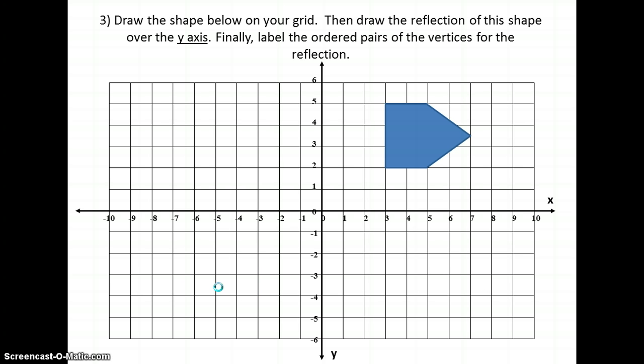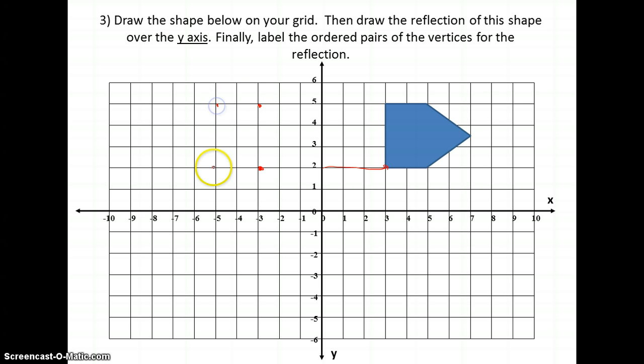Let's look at one more example. If I wanted to reflect this figure over the y-axis, I simply need to figure out the distance between the y-axis and each point, and then go ahead and replot that on the opposite side.